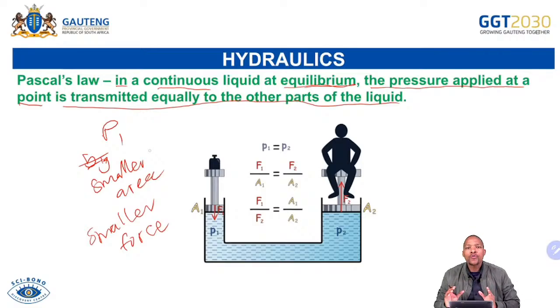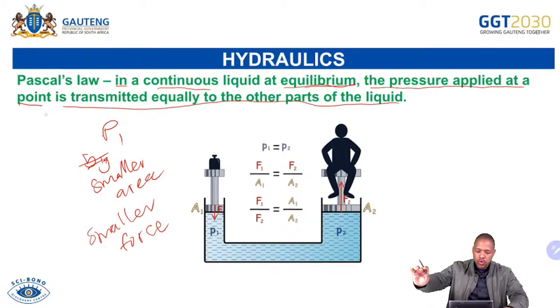They exert a small force with only their foot, and that force through those pistons and through the fluid will produce a greater force that will be enough to stop a truck. And that only happens through Pascal's law, the idea that in a continuous liquid at equilibrium, the pressure applied at a point will be transmitted equally to the other parts.